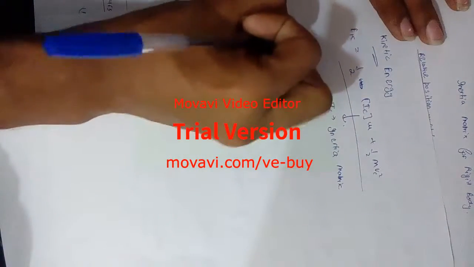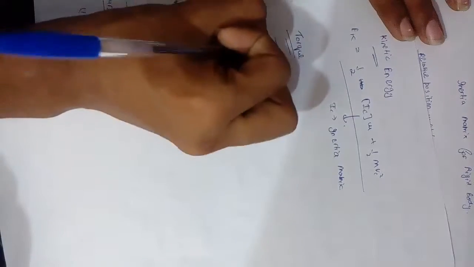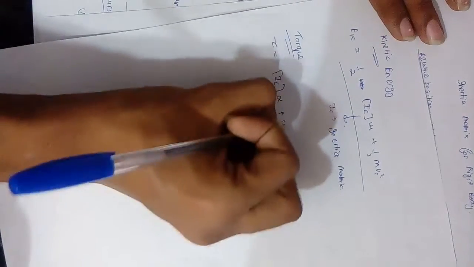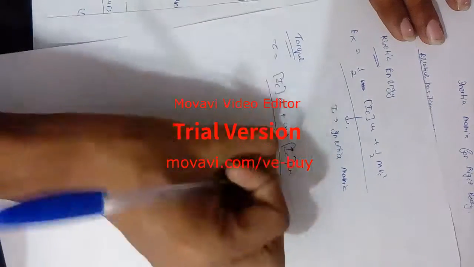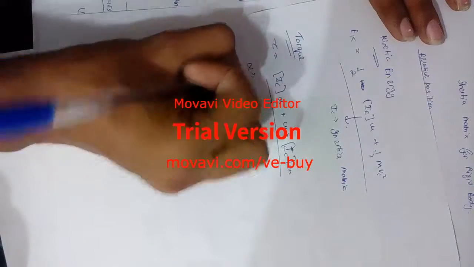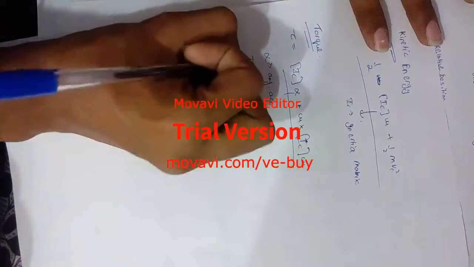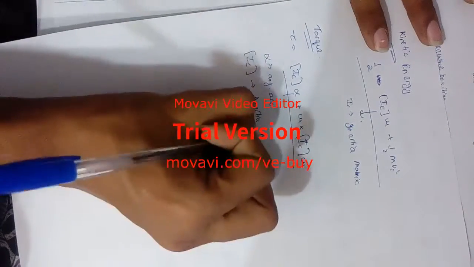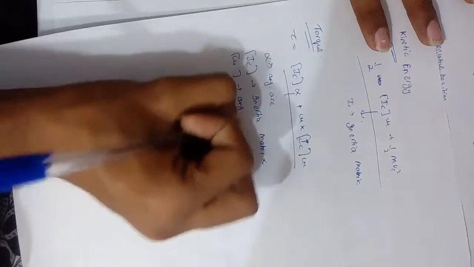And torque of a rigid body can be written as IC alpha plus omega cross IC omega, where alpha equals angular acceleration, IC equals inertia matrix, and omega equals angular velocity.